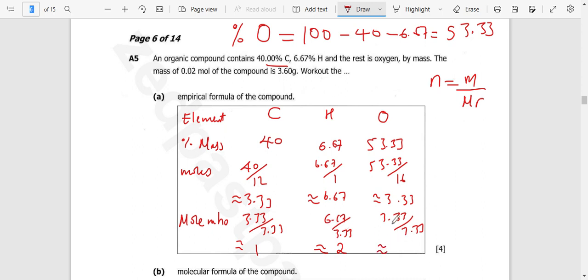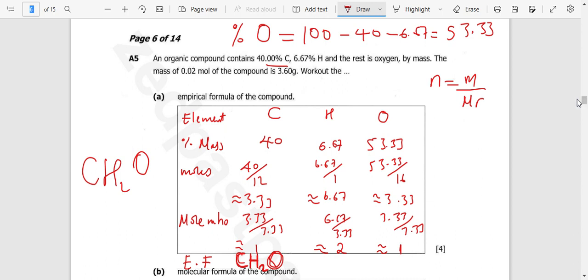And then this will give us a 1. Therefore you can now write the empirical formula, EF. Carbon has got a 1, hydrogen you have found a 2, so put a 2 down here, and then oxygen you have found a 1, so just write it like this. So the empirical formula is CH2O.